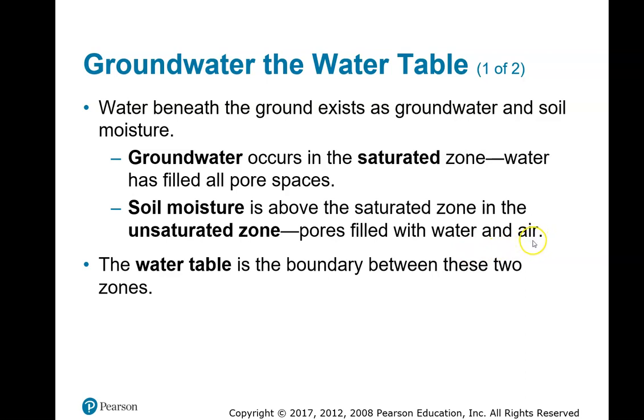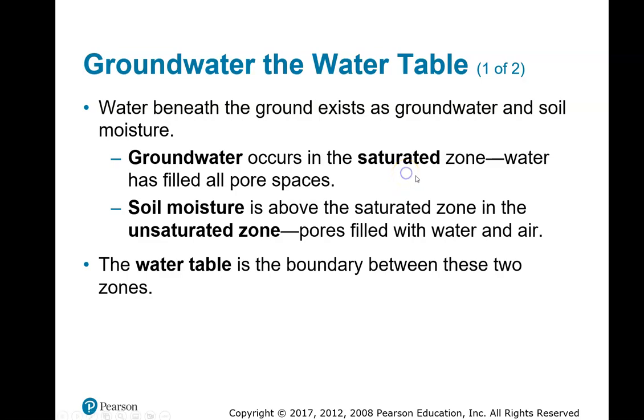There's some air in there. The water table, you might have heard that term before, is the boundary between the soil moisture and the saturation zone. All right, so it's basically the top of the saturation zone.